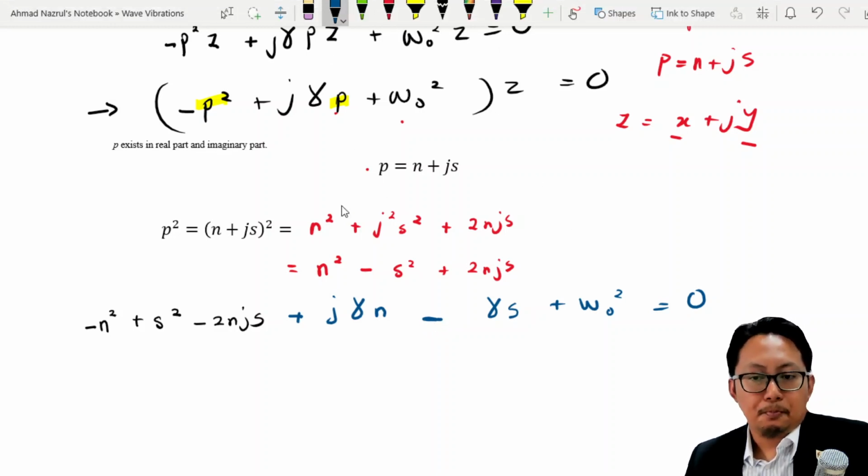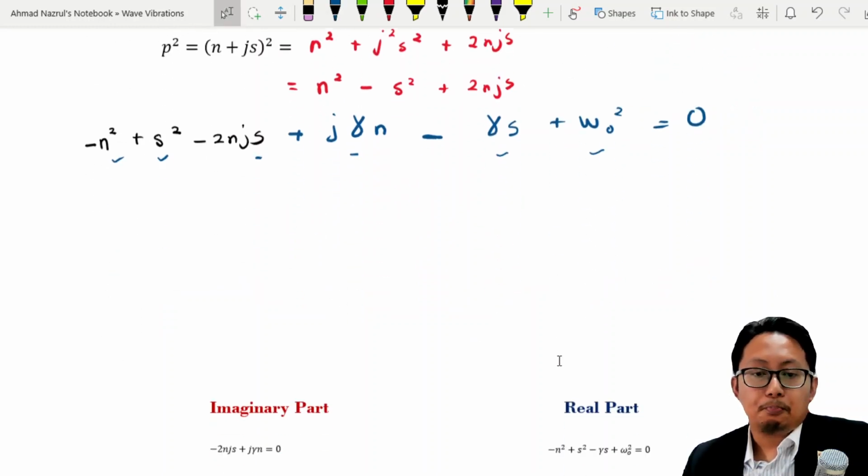So now we have six terms. This one is real, imaginary, real, and real. So the imaginary part is where we have j, and the rest is real.